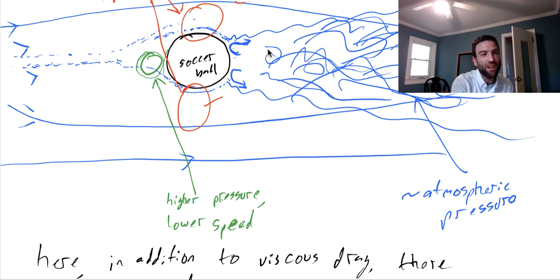So the air molecules in this turbulent wake have taken a lot of momentum. And where did that momentum come from? It came from the momentum in the soccer ball traveling forward, right? So if you like, some of the effects of pressure drag you can think of as the soccer ball losing momentum to the turbulent wake behind it.